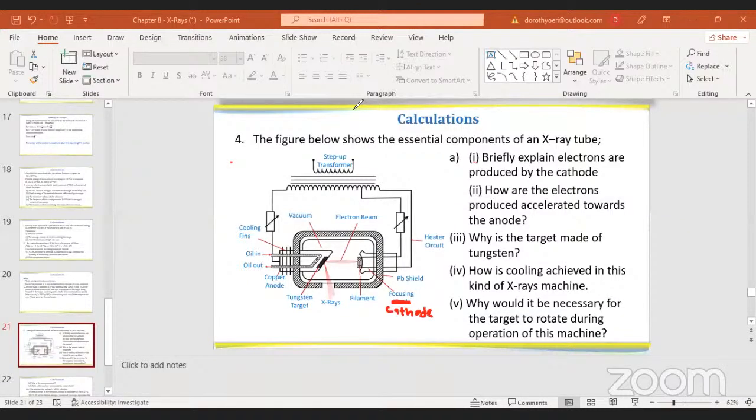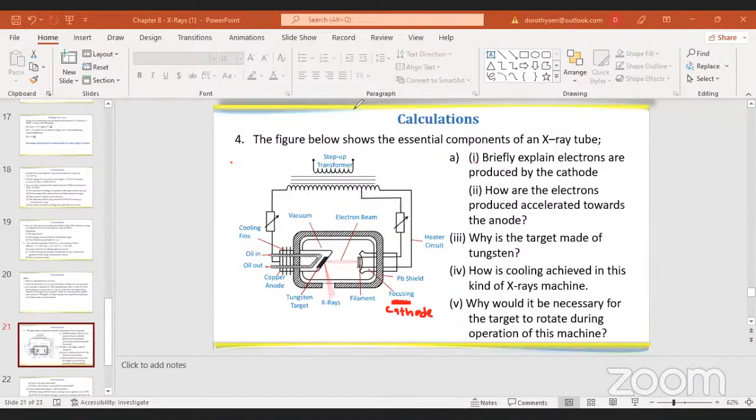The question is, briefly explain how electrons are produced by the cathode. The production of electrons at the cathode is by what? Thermionic emission. We are heating the cathode.